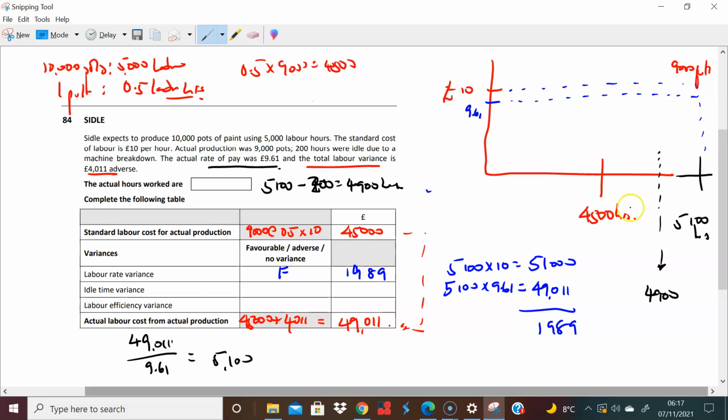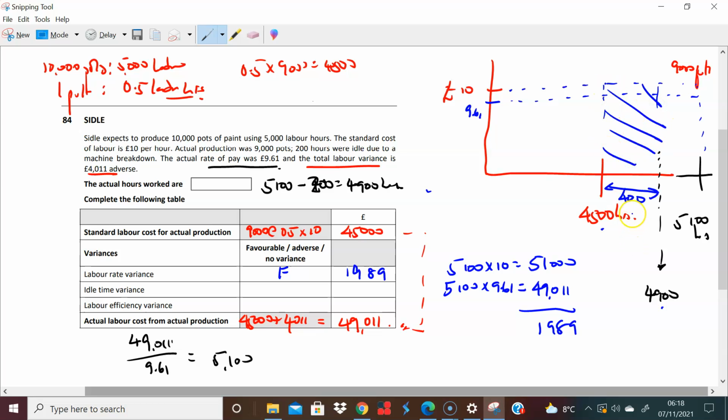As far as my efficiency variance is concerned, you should have spent 4,500 hours. You actually spent 4,900. That's my efficiency variance: 400 hours at the standard rate, of course, because everything is based on the standards here.